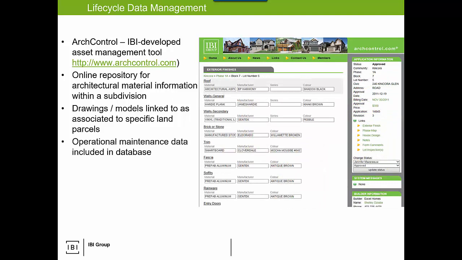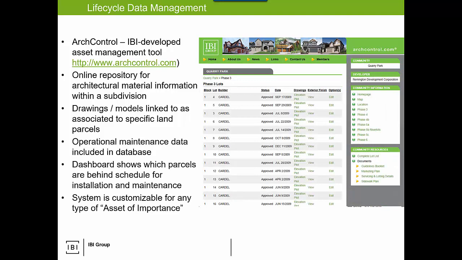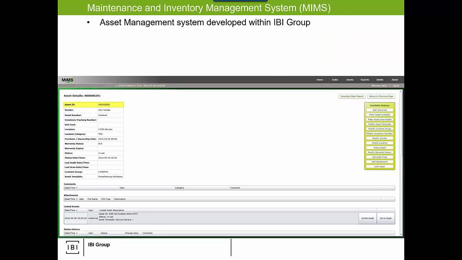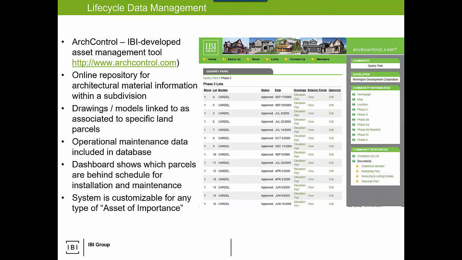And then it allows us to analyze what's been delivered, what's been installed, what's in process, and there's a mechanism for us to view, analyze, interpret, and communicate between stakeholders, clients, and consultants. And this is, again, an IBI-built tool simply designed to be a focal point or a hub of data to enhance the process of subdivision land development.